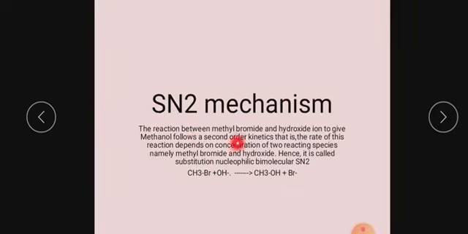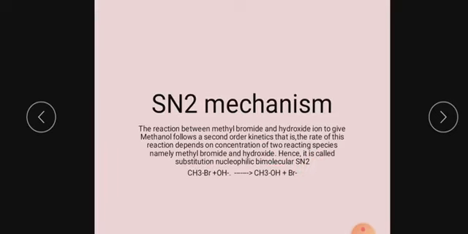The reaction between methyl bromide and hydroxide ion, that is OH minus ion, to give methanol follows second order kinetics, that is, the rate of this reaction depends on the concentration of two reacting species, namely methyl bromide and hydroxide. Hence it is called substitution nucleophilic bimolecular, SN2 reaction.